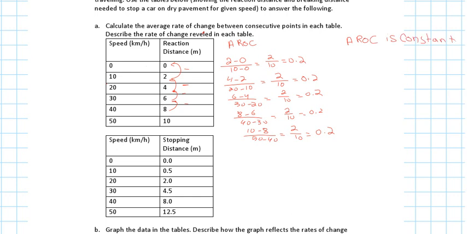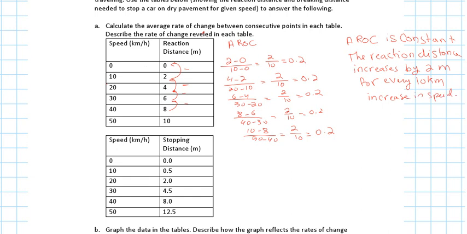Since it's constant, I can say that the reaction distance increases by 2 meters for every 10 kilometer per hour increase in speed.